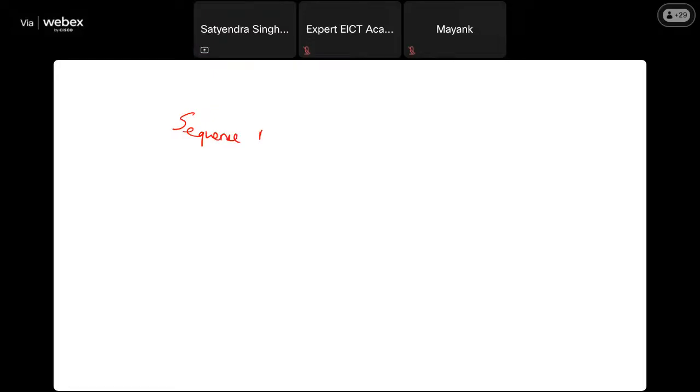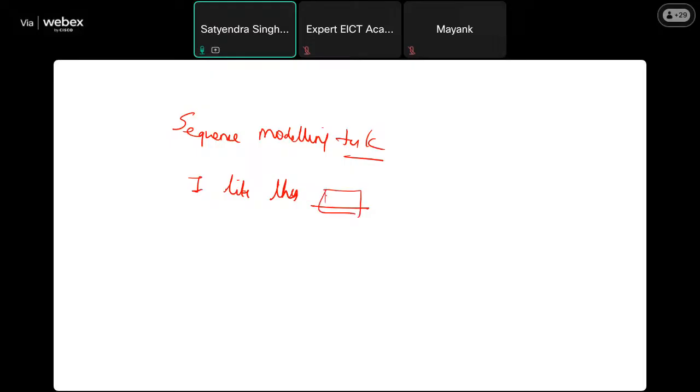In sequence modeling tasks, for example, if you talk about text, say "I like this," and then you want to predict the next word, what could be the next word.